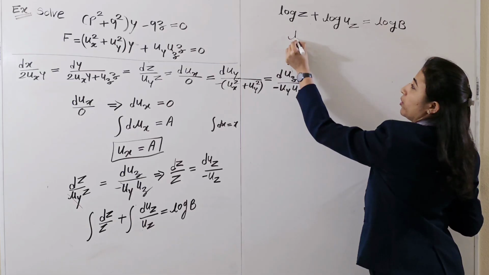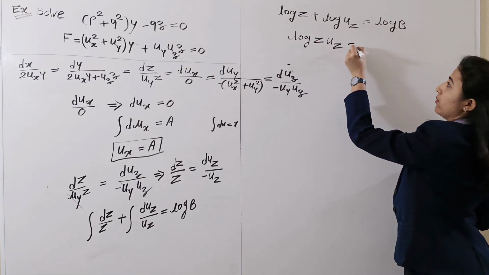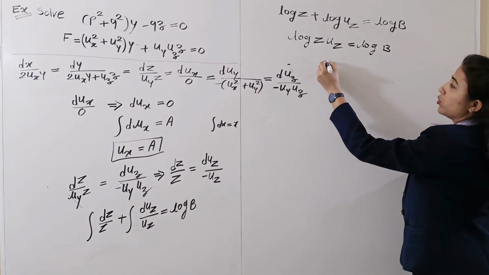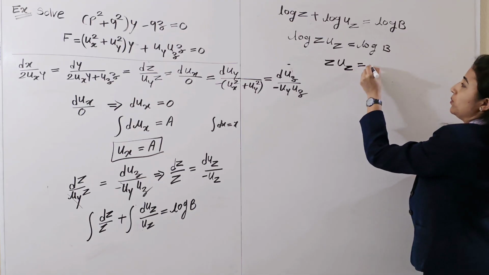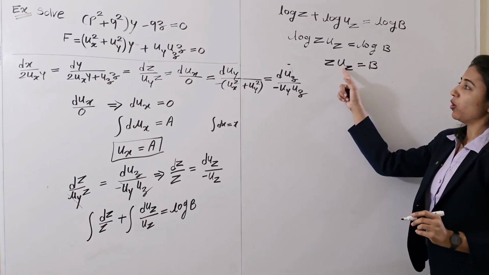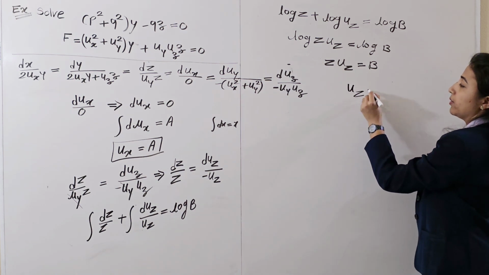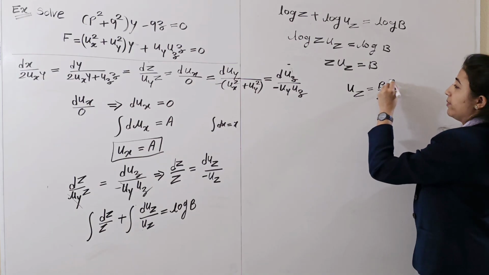So using the property of log, we can say it is log of z into u_z equal to log b. Hence taking antilog on both sides, z u_z equals b. But if we want the answer for u_z, we divide by z, and you will get u_z equal to b upon z. So this is the value of u_z.